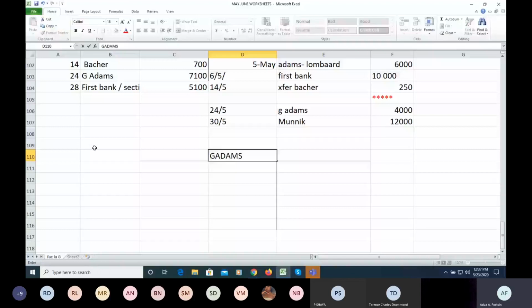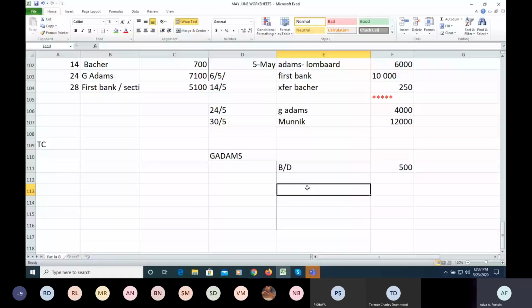We know that there was a balance brought down of 500 rand. You're all with me, right? We know that for Adams, on the first, there was 15,000 rand. So we debited our trust bank, we credited G Adams trust creditor account.